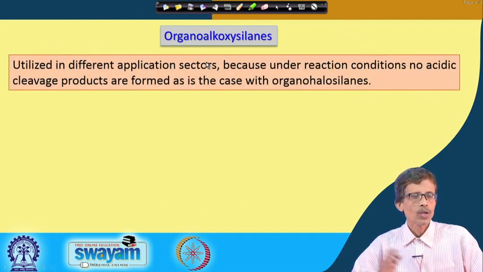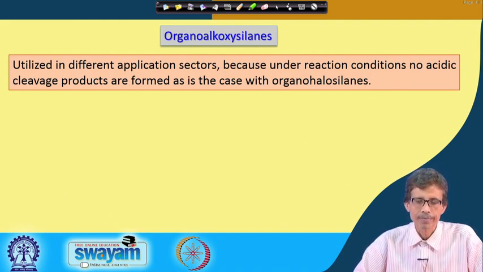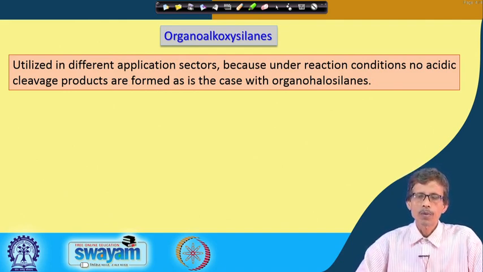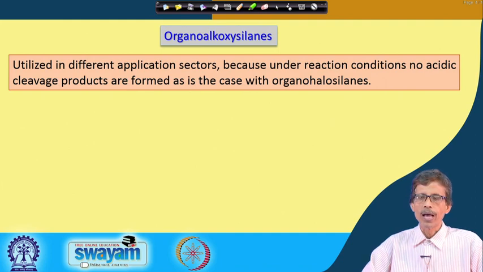This is utilized in different applications, and different sectors benefit from its use, because under reaction conditions no acidic cleavage products are formed, as is the case with the organohalosilanes.